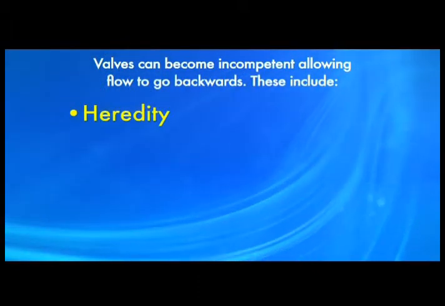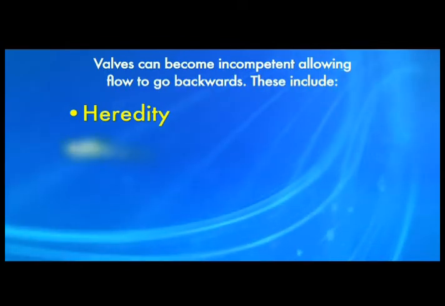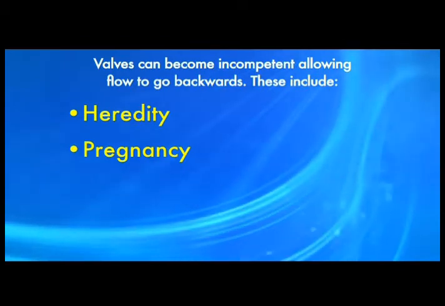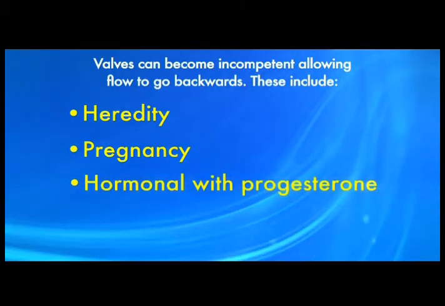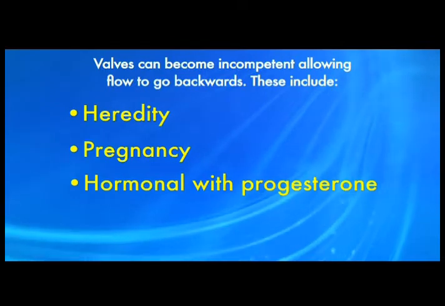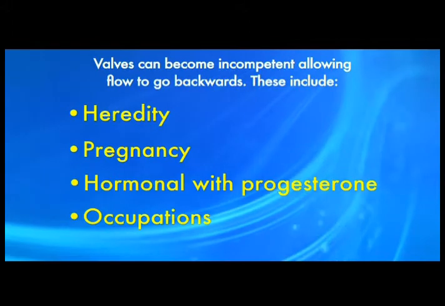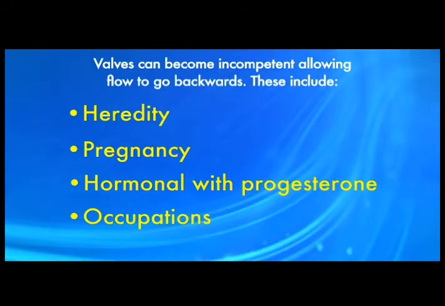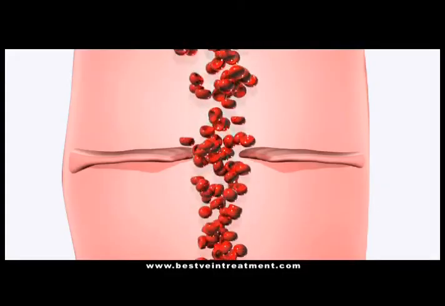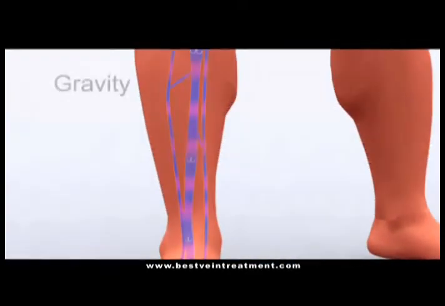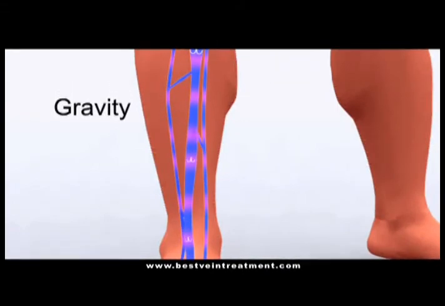These include heredity, with a weakness in the vein wall, pregnancy, with a 50% increase in the volume of the venous system, hormonal, with progesterone causing a weakness of the vein wall, and occupations that require prolonged standing, which causes increased pressure and vein dilatation. Clots within veins can also destroy the valves, making them incompetent. Gravity, over time, causes progressive pressure and enlargement of veins.